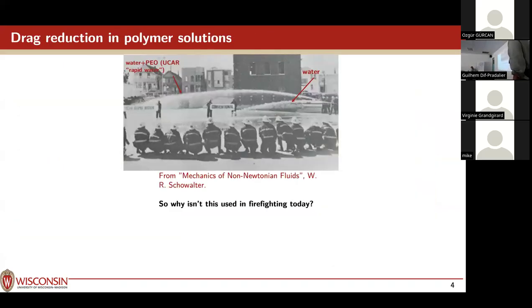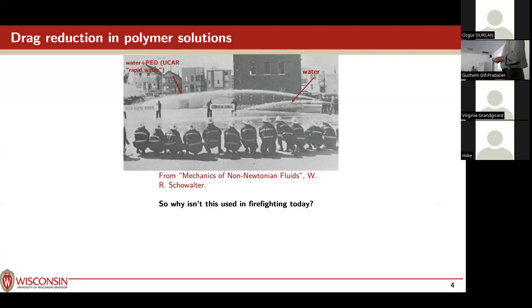This is a picture that is probably 50 or more years old. It's from the New York Fire Department. They did an experiment. This is Union Carbide, which no longer exists. They marketed something called Rapid Water, which was basically a polymer solution.